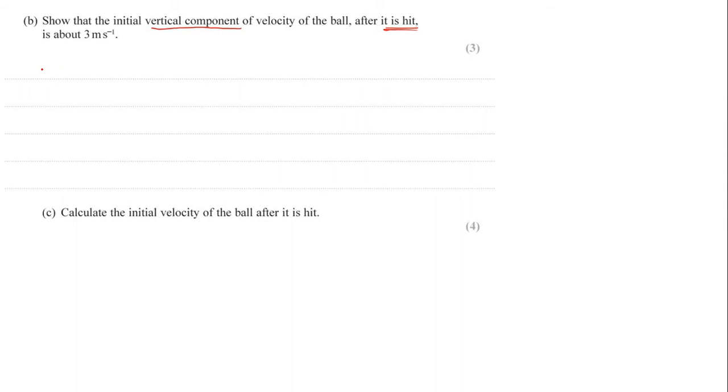So we use v squared is equal to u squared plus 2as. v is 0. u we need to find. Let's call it uy, the initial vertical velocity, plus 2a. a is minus 9.81 because the ball is going upward, and the height covered is 0.91 minus 0.4.